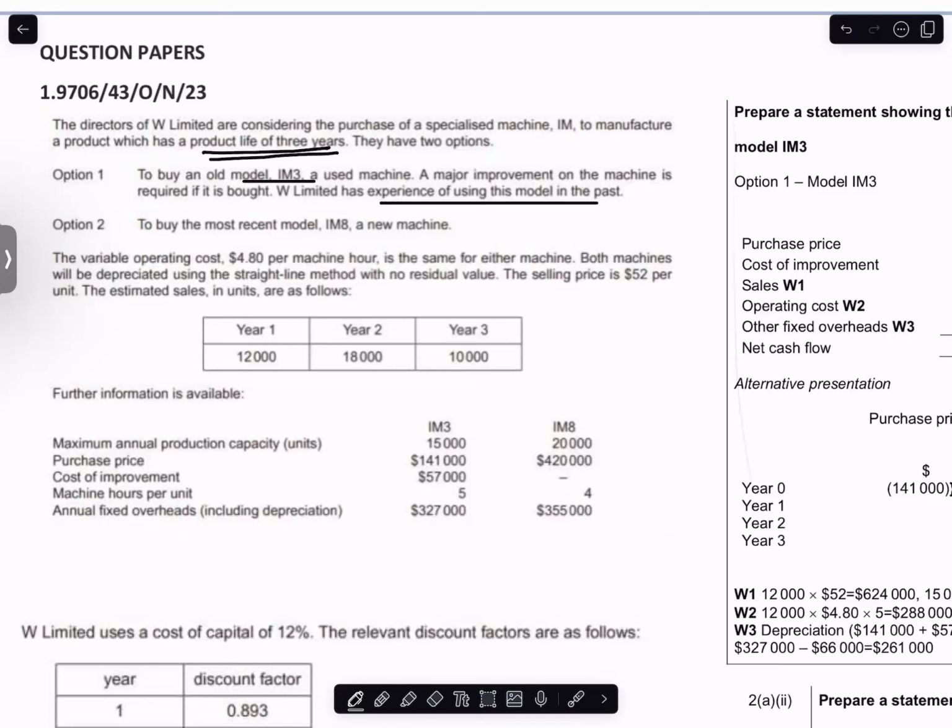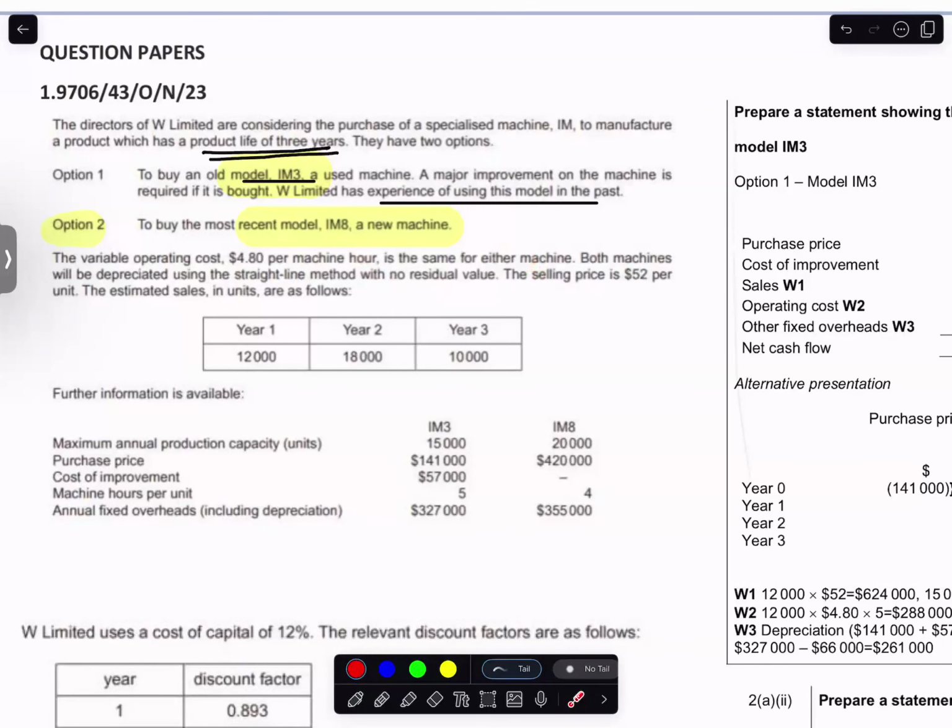Then option 2, to buy the most recent model IM8, a new machine. So option one is the old and option two is the new model. The variable operating cost of $4.80 per machine hour is the same for either machine.